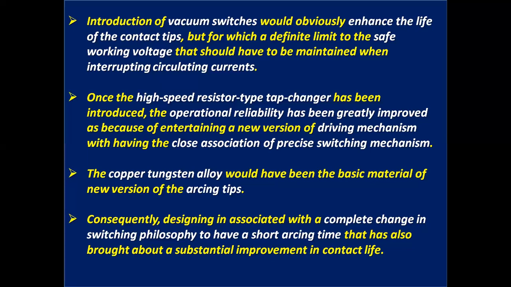Copper tungsten alloy became the basic material of the new version of the arcing tips. Consequently, the design, associated with a complete change in switching philosophy to have a short arcing time, has also brought about a substantial improvement in contact life.